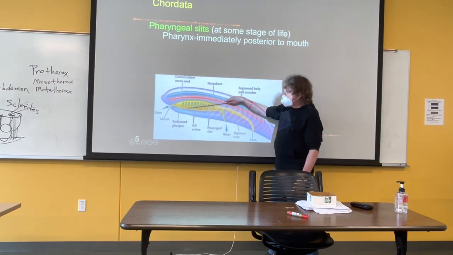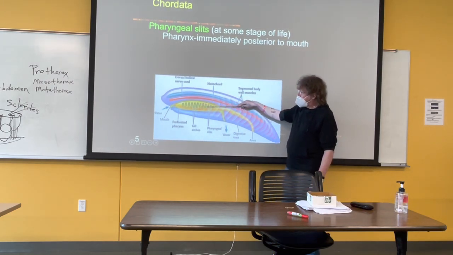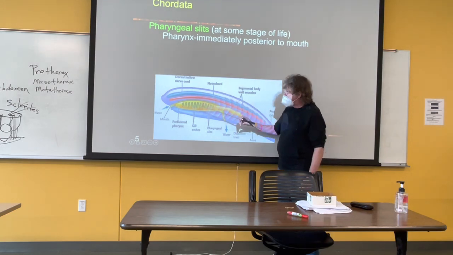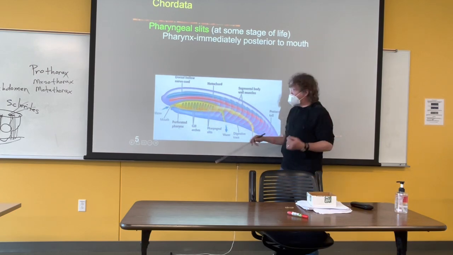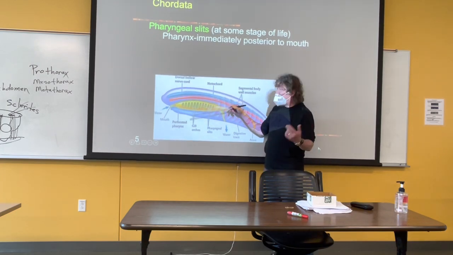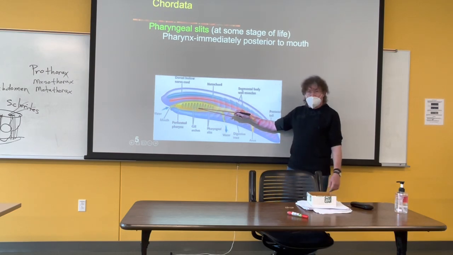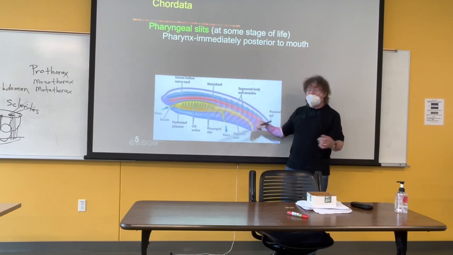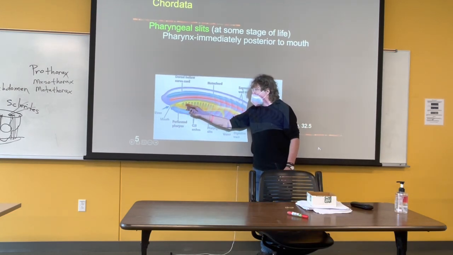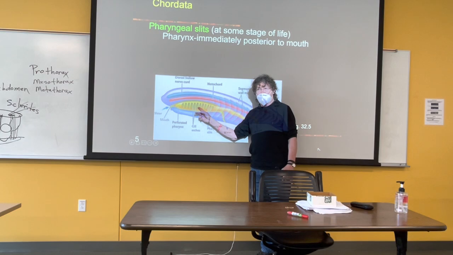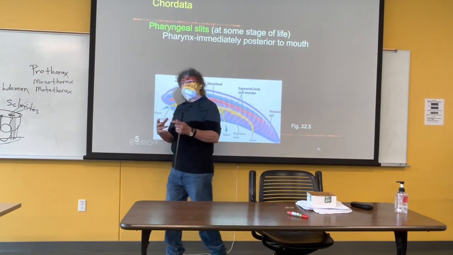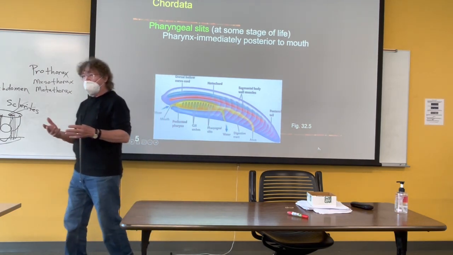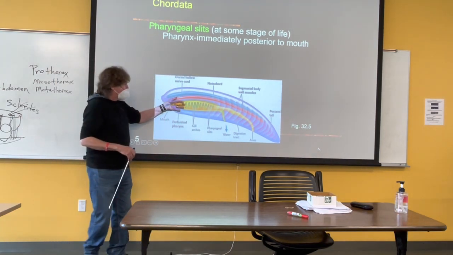This is reinforced by sort of cartilaginous braces, but they're holes in the digestive system, slits, we call them pharyngeal slits, and also on the surface of the body wall. As they take in water that has bacteria and other organic material dissolved in it, that water will move out of the pharynx through those slits, and there are mucous membranes there which will collect the food debris, and then the water will exit out the body.